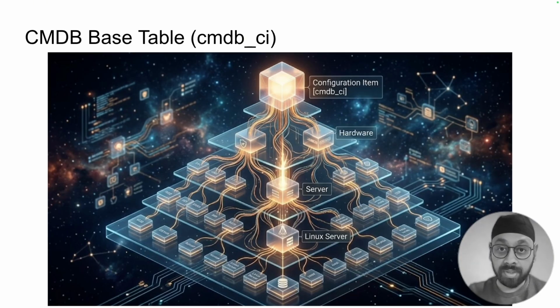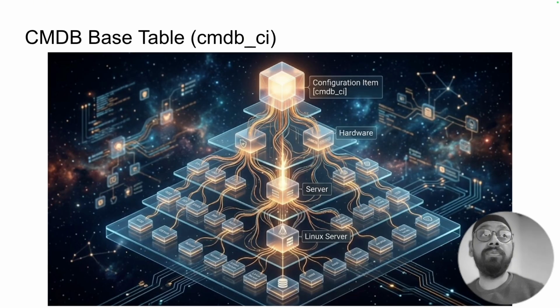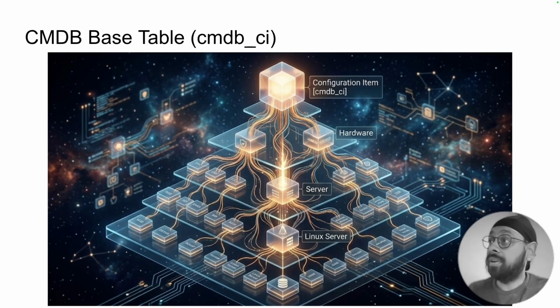That could be an IP address or a serial number, and the same would be in the Linux server. But a Linux server could have different properties. It might have different fields to store values which are not applicable, for example, to Windows servers, or not applicable to the generic server class. And that's why we call this a child table, which stores additional values.